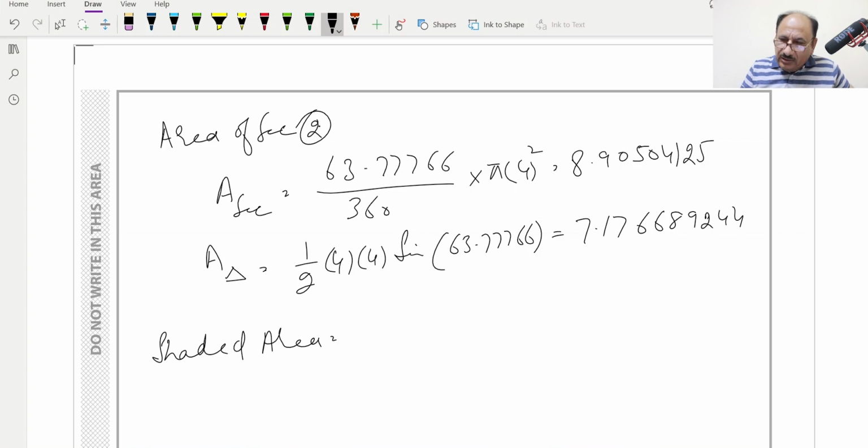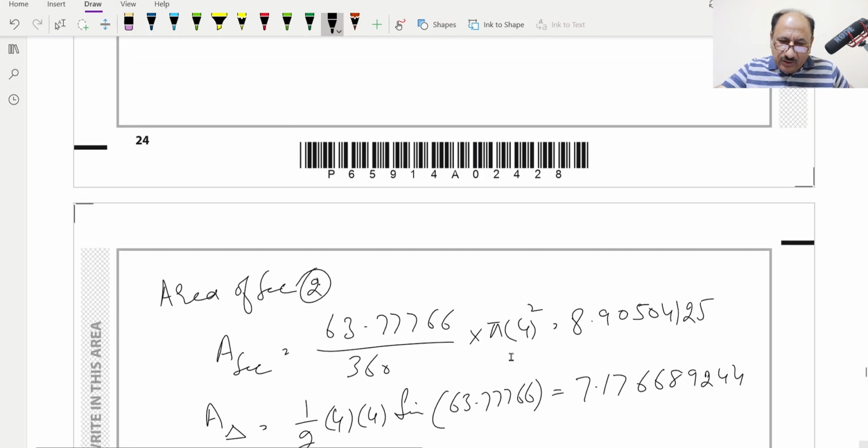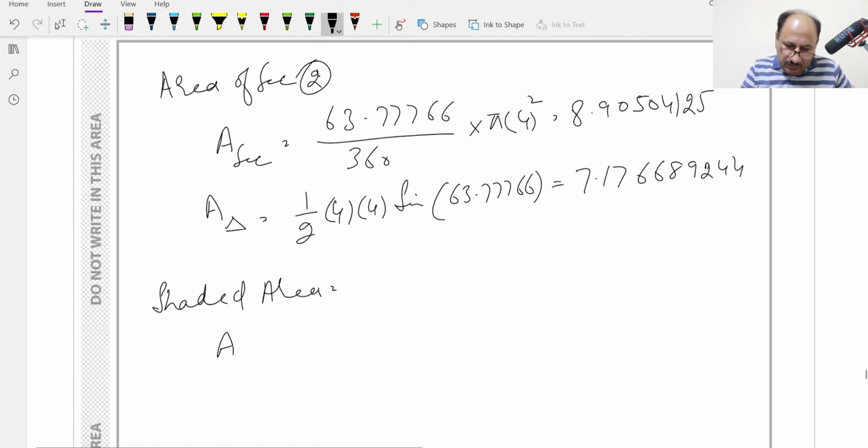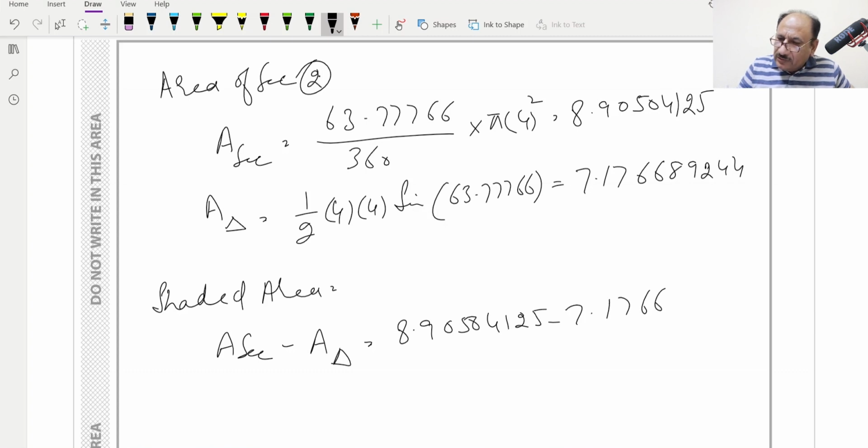Now we will subtract, so shaded area will be equal to area of sector minus area of triangle, as we have done over here. So area of sector minus area of triangle is 8.90504125 minus 7.176689244.